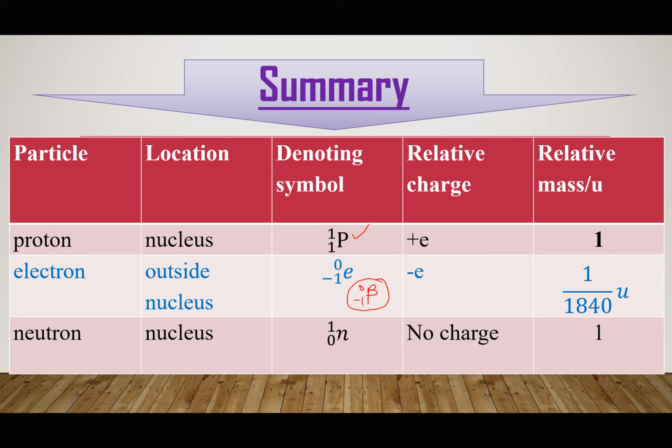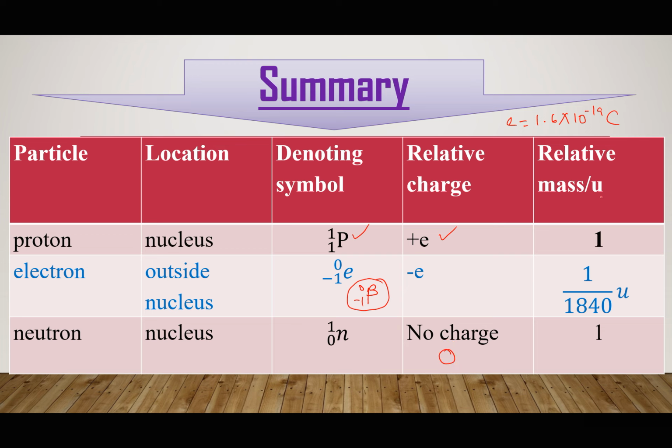Then the neutron, because it has no charge, will be denoted as N 1 0. Then the charges: the proton is positive e, where e stands for 1.6 times 10 to the power of minus 19 coulombs, and the electron is negative e. The neutron has no charge, or you can put a 0 there.